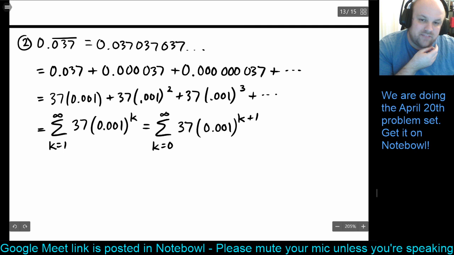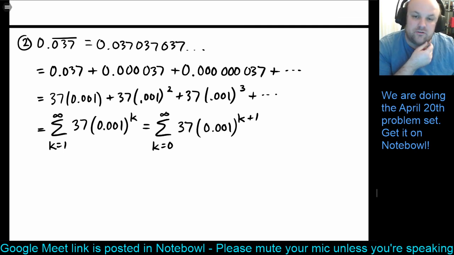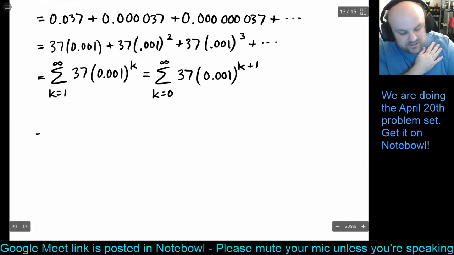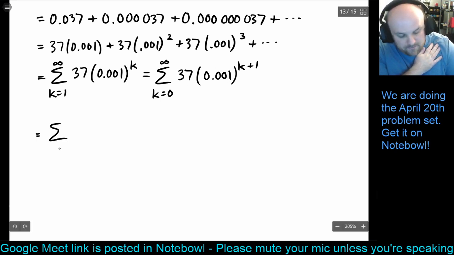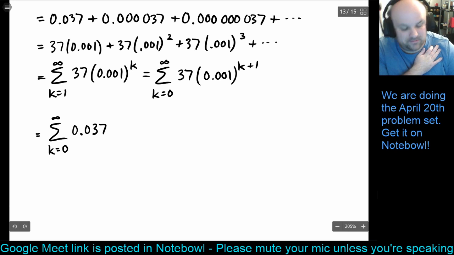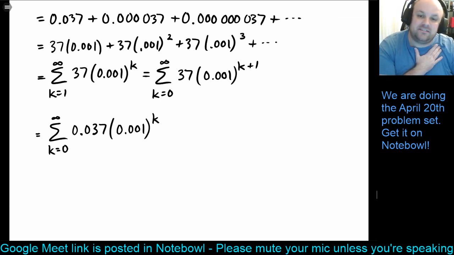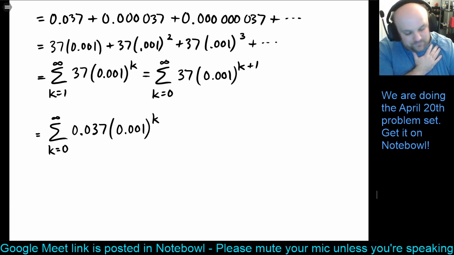Now that I have that, I need to get it to look like a normal geometric series, so pull out the extra 0.001. And you'll notice here, what we're going to get is 0.037 coming out, and then times 0.001 to the k. That's not an accident. That should always happen there.